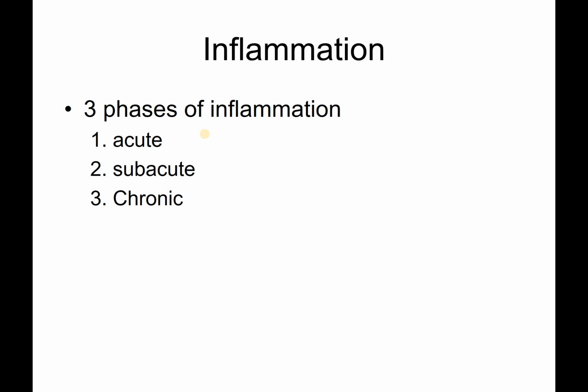Subacute, you can start to introduce movement, and you're still doing icing, and at some point you can start to introduce heat. And then in chronic, certainly you can begin more aggressive movements and treatments and therapies and heat and so forth.